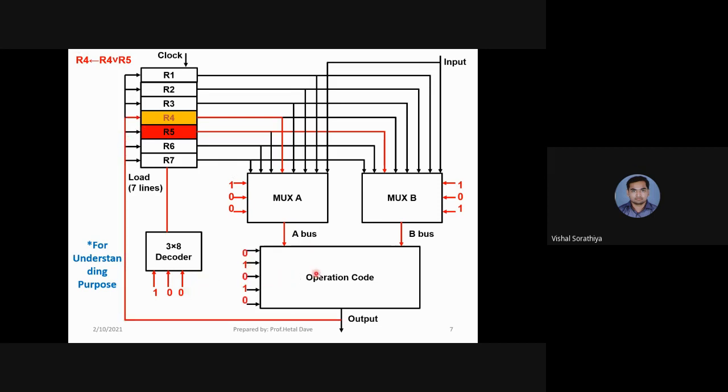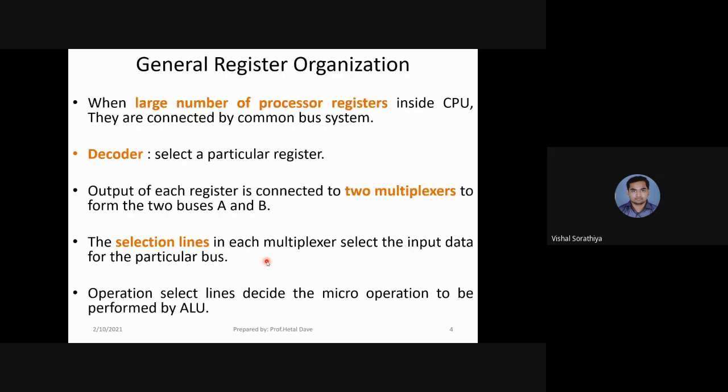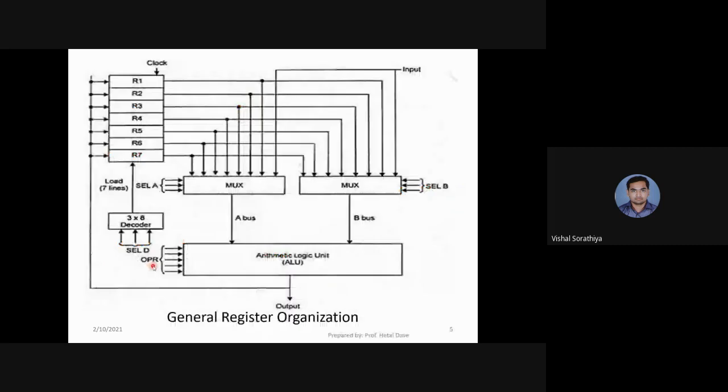Over here there is an operation code. Operation code, it means you have seen in the previous block. I'll show you the previous block. Just give me a minute. Over here there is OPR. The operation block means you are giving an instruction to the arithmetic logic unit about what you are doing right now.